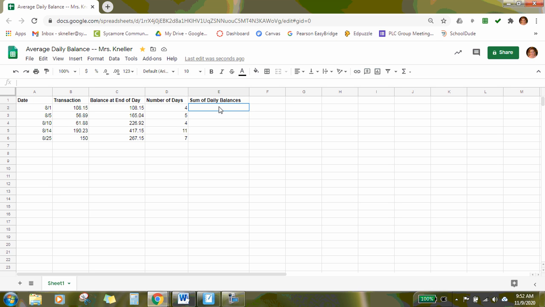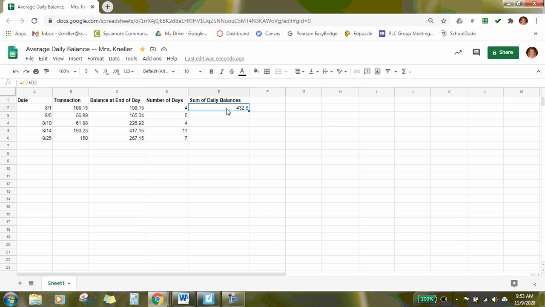So here in E2, I'm going to type equals, click on C2, and then do Shift 8 to get the little times, then click on D2, and then hit enter. So if we had this balance for 4 days, this is the sum of those balances for the 4 days.